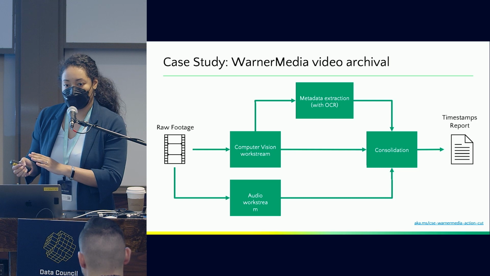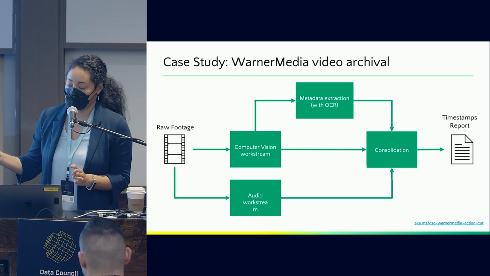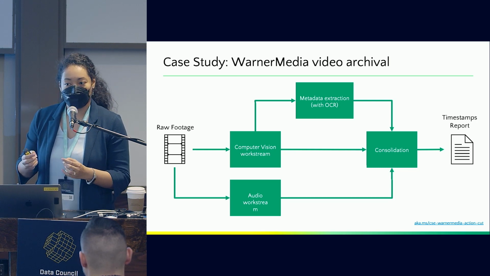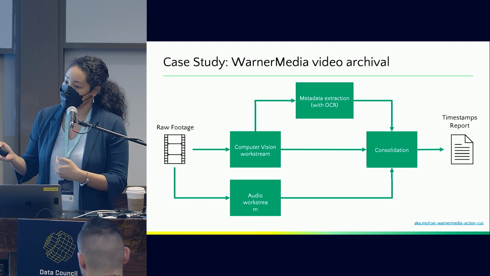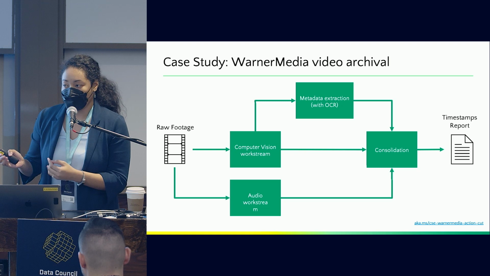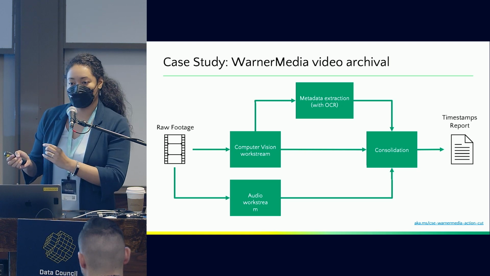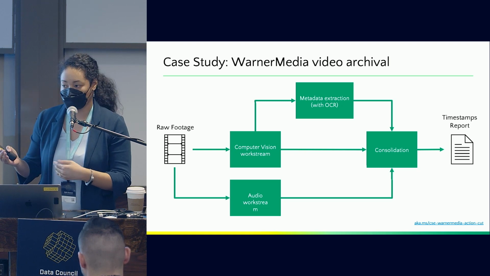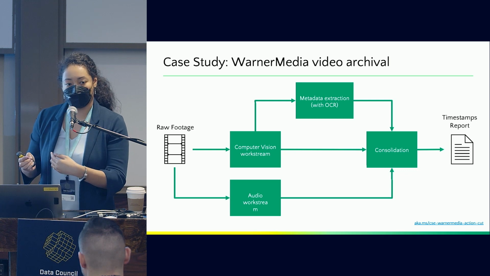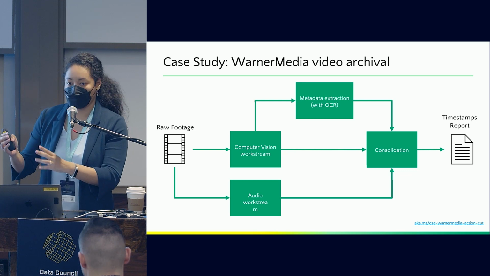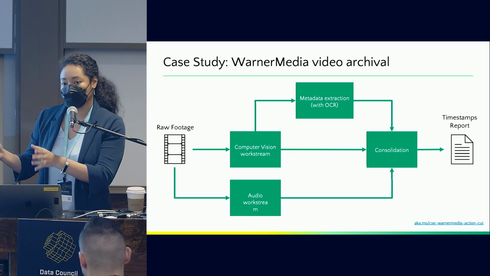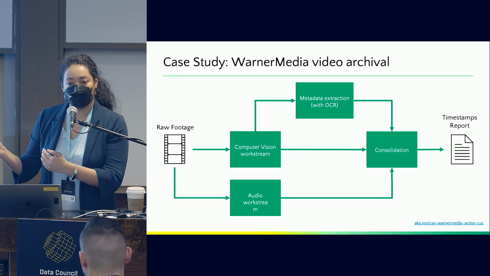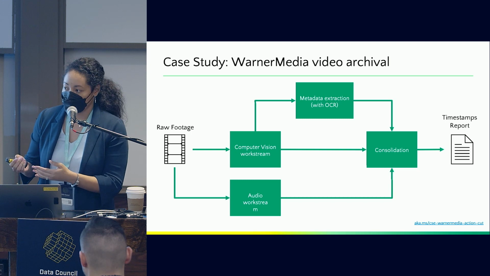With this, it's a long form video, and when it comes to archiving purposes, you don't necessarily want to store absolutely everything. That would cost a lot and take up a lot of space. Warner Media is interested in helping their archivists more efficiently determine when there are areas of interest within the footage, so when specific scenes or takes are happening, and then discard the rest that's not really of interest or won't be useful.